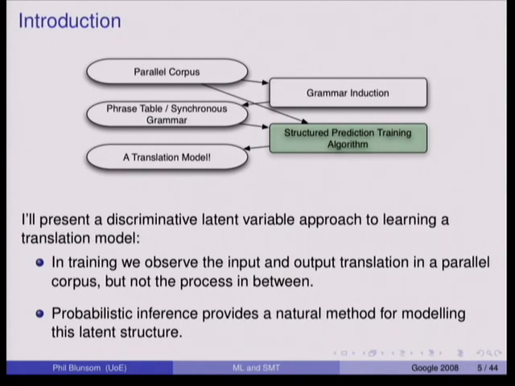In translation, the relationships are very ambiguous. We don't know what the process is to go from a source sentence to a target sentence. So we have the input and the output, but we have very little idea about what happens in between. And so we really need some sort of sense of latent variables. And so for this, I use a probabilistic model. Okay, so that's the discriminative modeling.